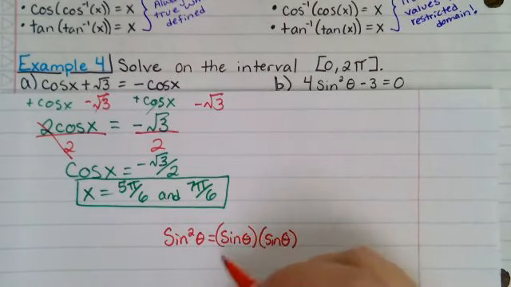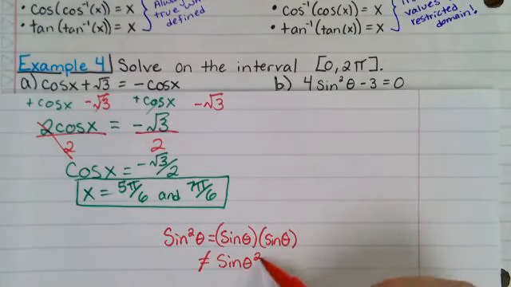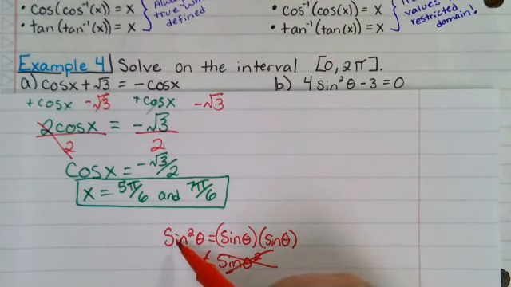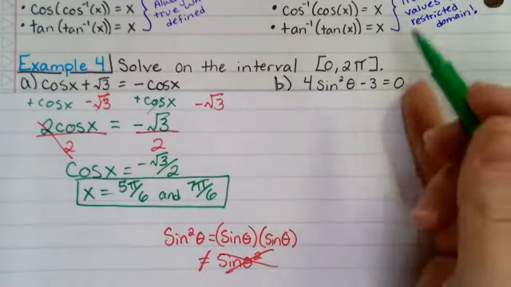People don't write it as sine theta squared like this, because then that looks like you're squaring the angle. That is not it. We put the squared with the sine part, and that is what indicates we're squaring the whole sine part times the sine part, not just theta times theta, okay? All right, so that's all that means.